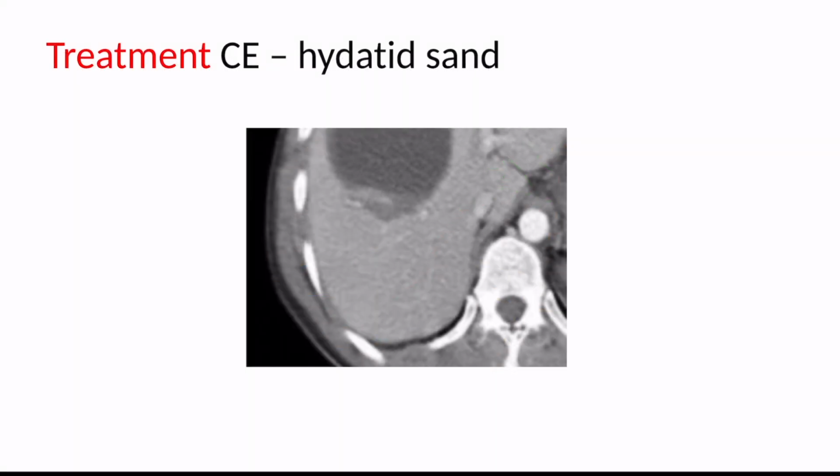In the CE1 stage, the hydatid sand stage, you can see hydatid sand. It is important to remove this hydatid sand also, which is very difficult with PAIR. One thing is, you start with medical treatment, do a PAIR, leave hydatid sand behind, wait for medical treatment to take effect, and the scolicidal agent which you are injecting may also destroy the small daughter cysts or cause sclerosis in this hydatid sand.